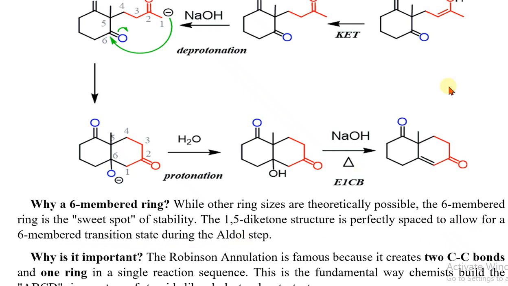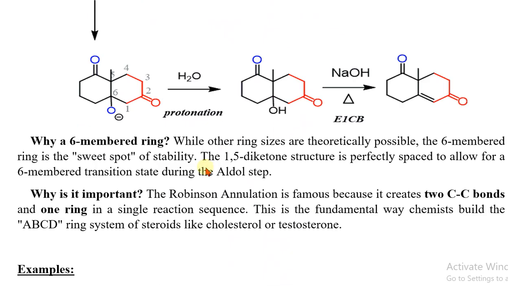So this is the conformation for the compound. This can be near from this position, and it is easy for the carbanion to attack this carbonyl. So again, why this reaction is important: the Robinson reaction is famous because it makes 2 carbon-carbon bonds and 1 ring.